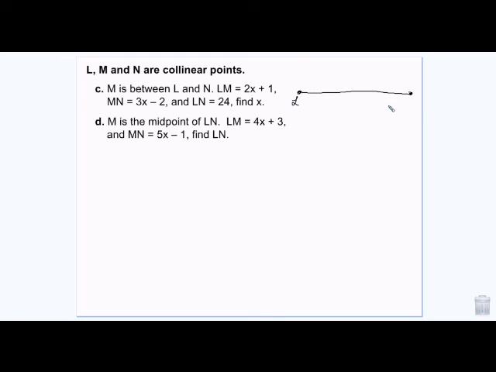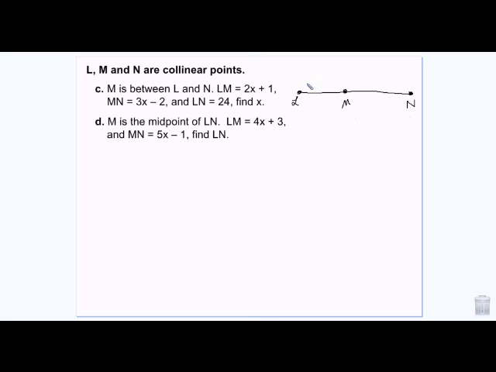I have L and N with some M between them. That's a terrible N. Yeah, this is C. So I have M is between L and N. That's what the picture looks like.